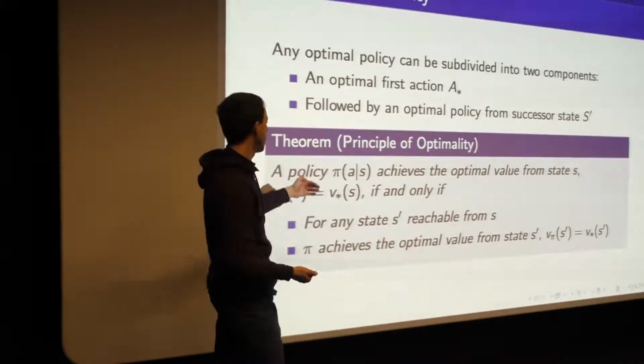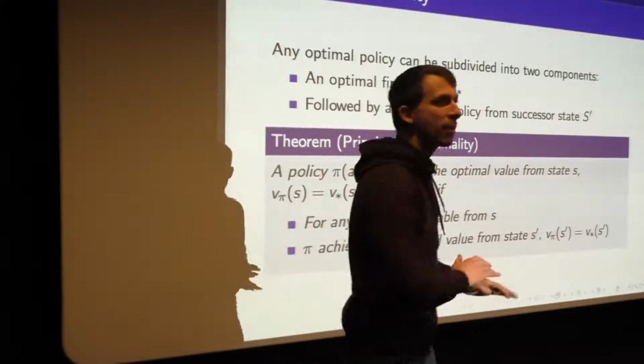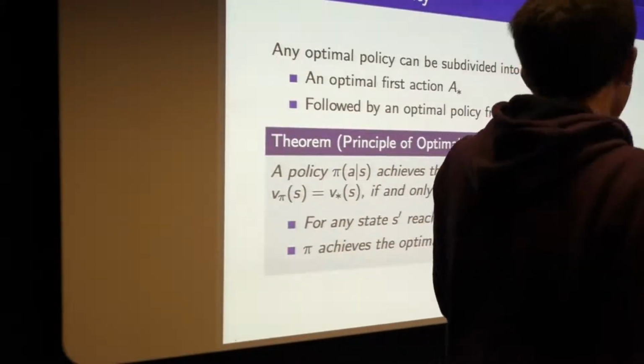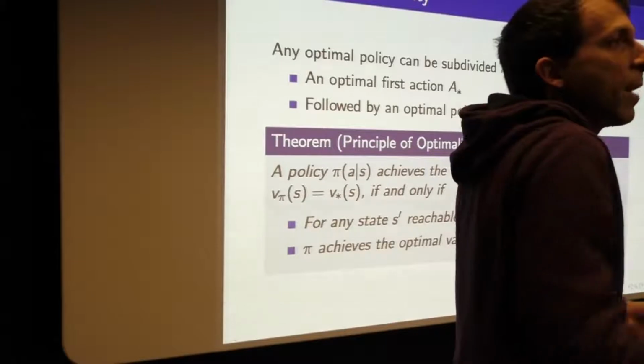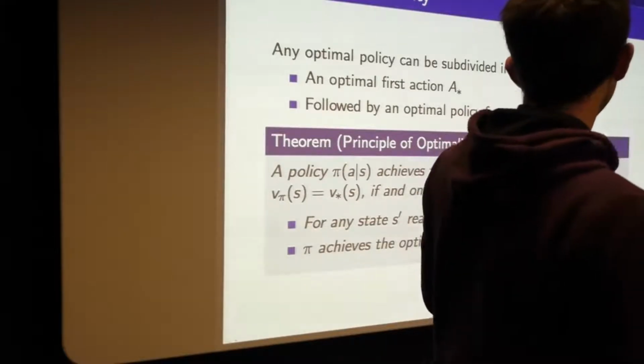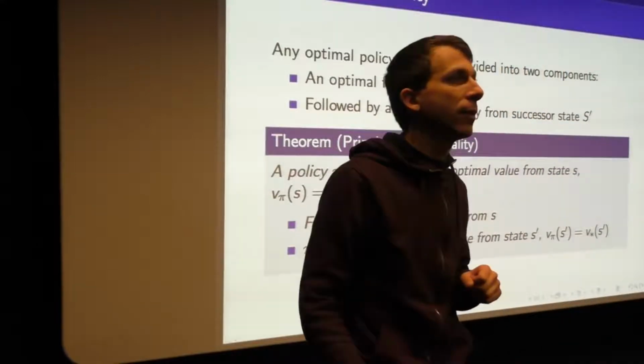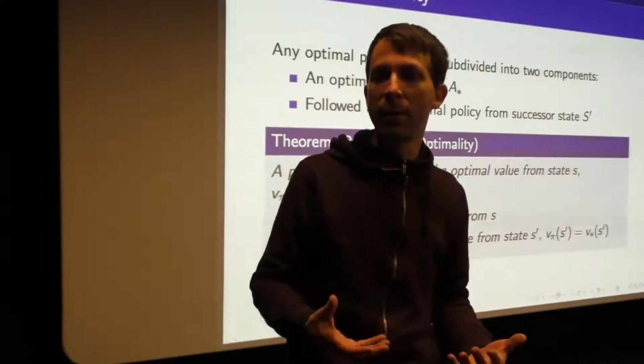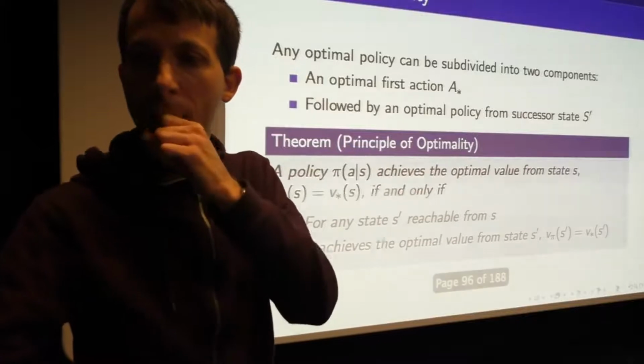So a policy is optimal if for each state that the wind might blow us to, that policy would behave optimally from that state onwards. So that's a requirement for optimality.